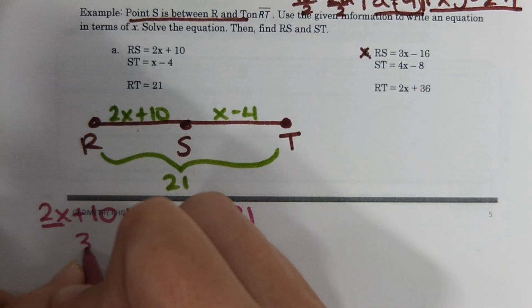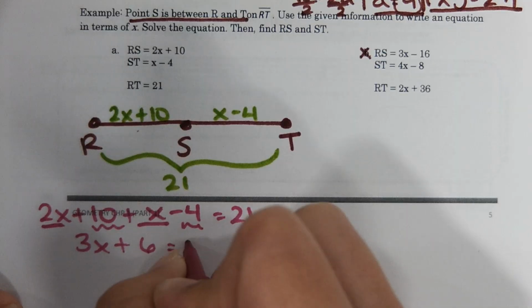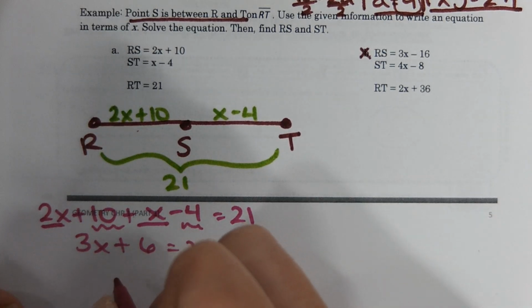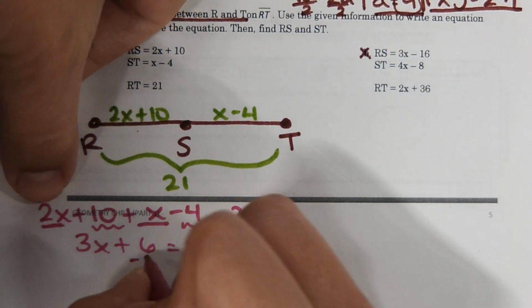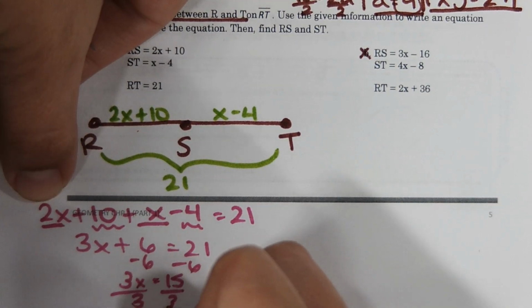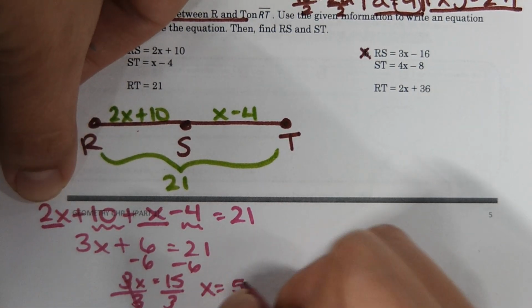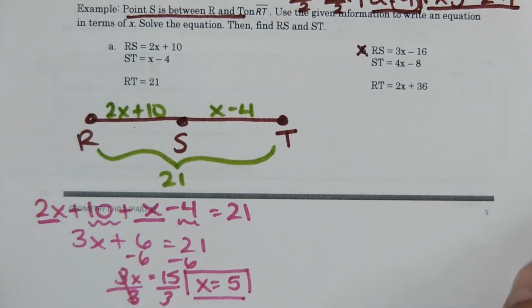Combine your like terms, 3x and 10 minus 4 would be 6. Subtract 6. 3x equals 15. And x equals 5. So x equals 5 is an important piece.